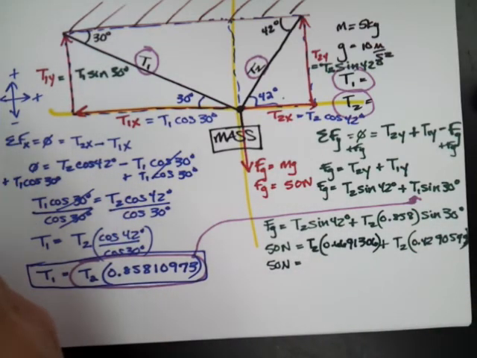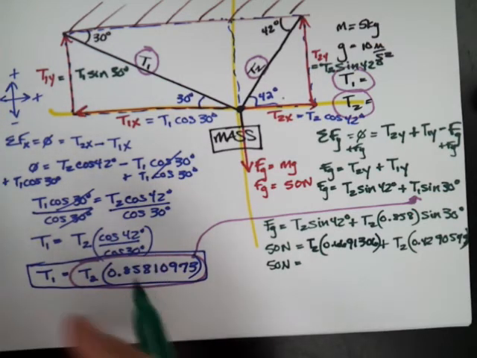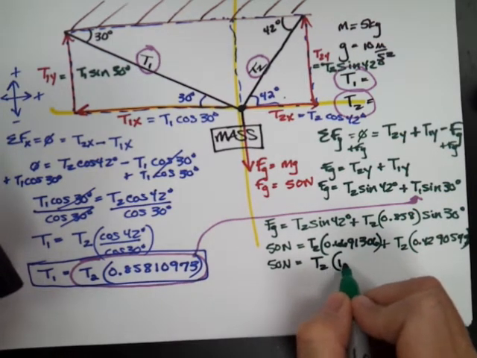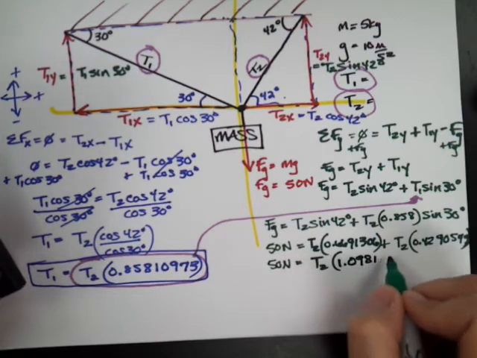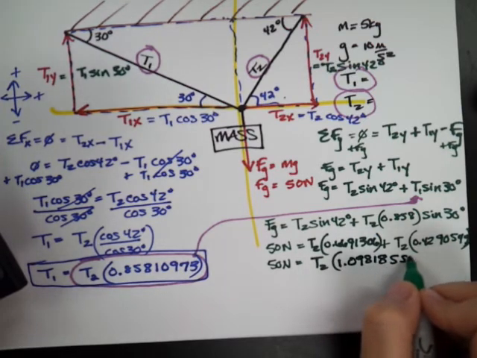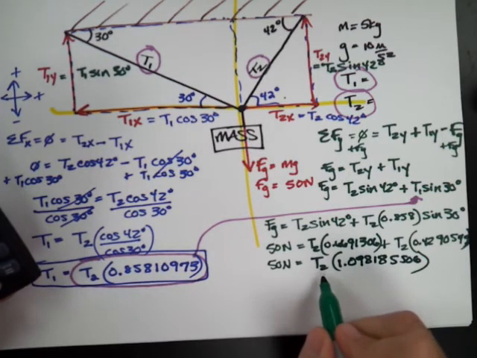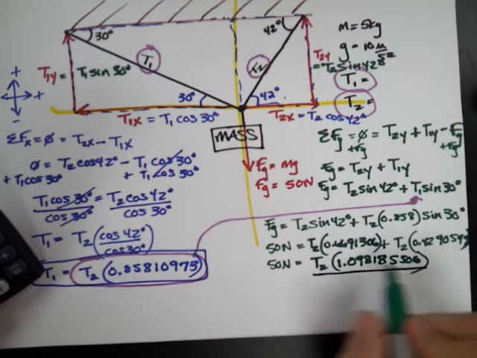So let's add these two together. Alright, so I have T2 times 1.098185506, carrying as many numbers as I can. I still want T2, so I'm going to divide both sides by this number.